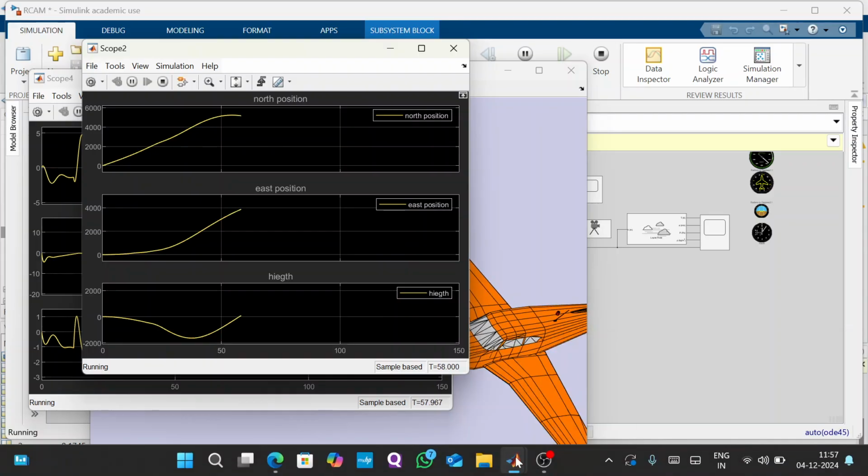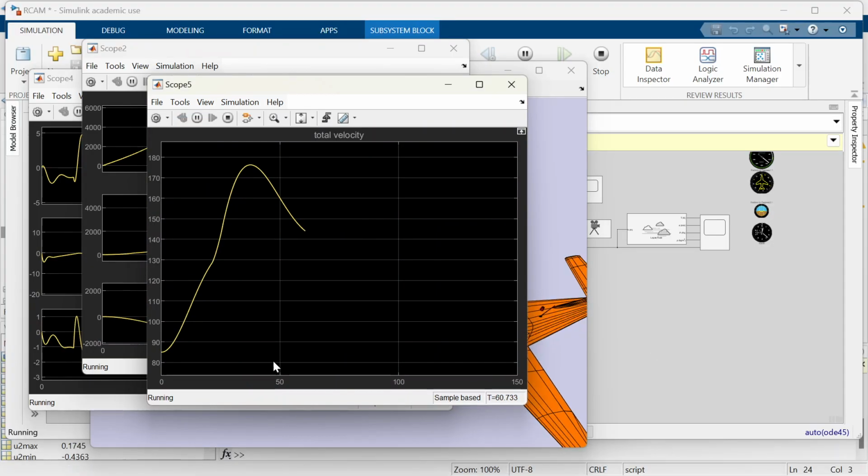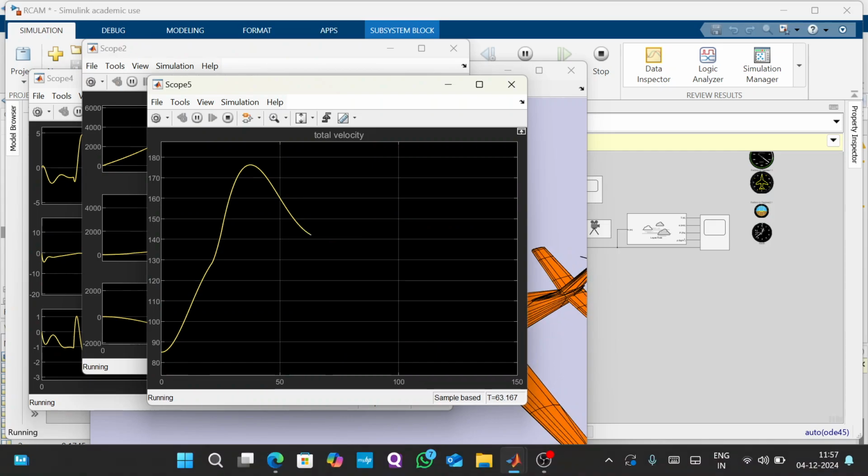and the height, velocity that started at 85.